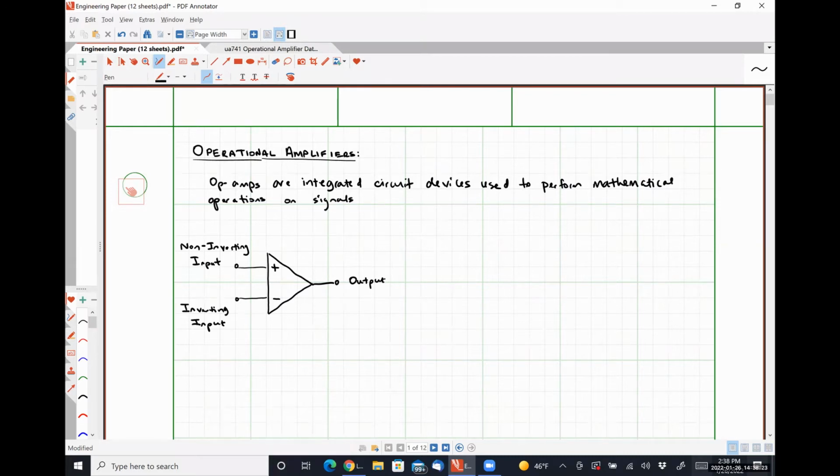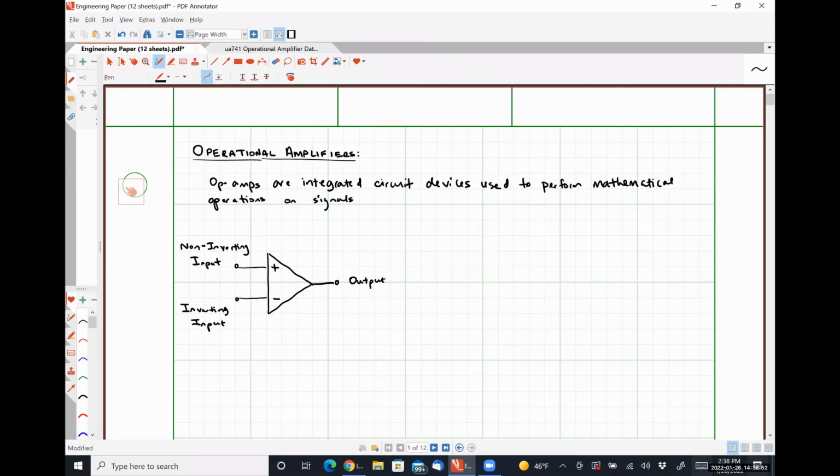If you were to apply a voltage signal at the non-inverting input with the inverting input grounded, whatever polarity that signal has gets carried to the output. So if you put a positive voltage on the non-inverting input pin, you should expect a positive voltage at the output pin. The inverting input is used to invert the polarity of signals.